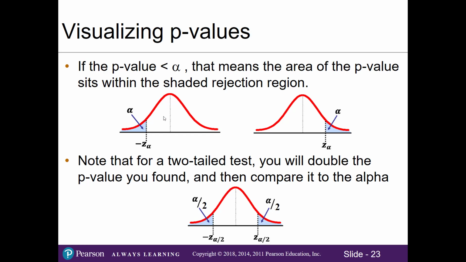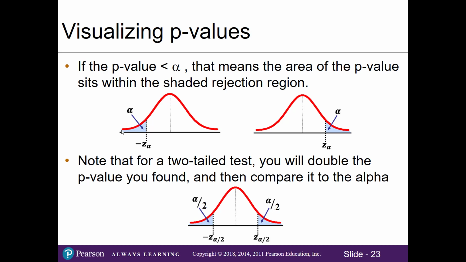That means it starts right here, and there's 5% or 0.05 area in the shaded region. If our p-value for our test statistic is smaller, let's say it's 0.01, then if I had to draw the area, it's within the shaded region because it's smaller than my alpha value.